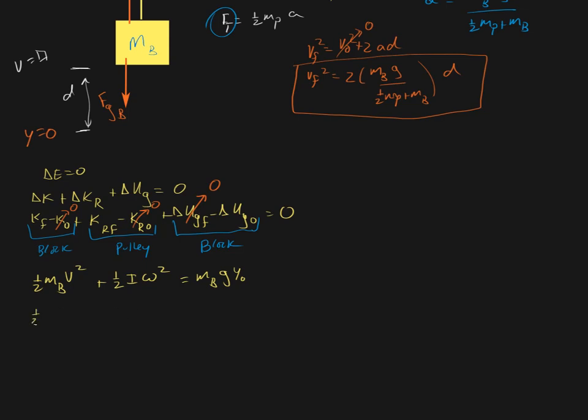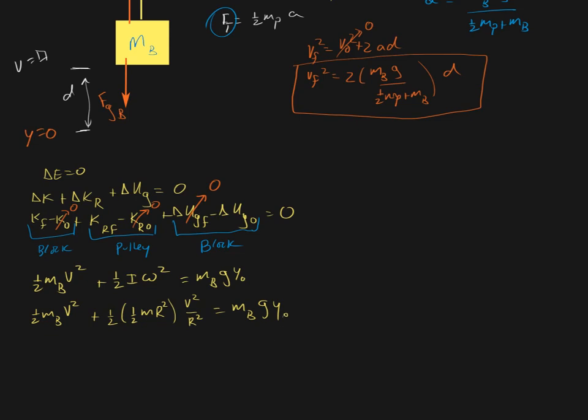We have 1/2 the mass of the block times v squared. We need the moment of inertia in terms of mass, so this is going to be 1/2 times, now the pulley is just a solid disk, so this is 1/2 mr squared. And then omega, using our bridge equations, is going to be v squared over r squared, which is equal to the mass of the block, g, y initial.